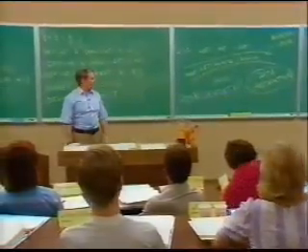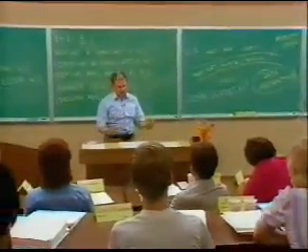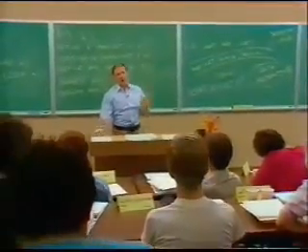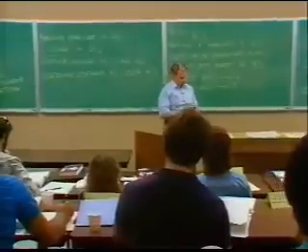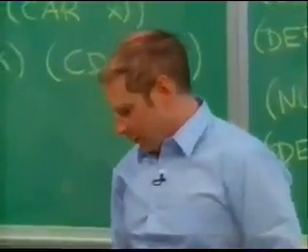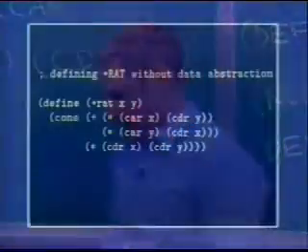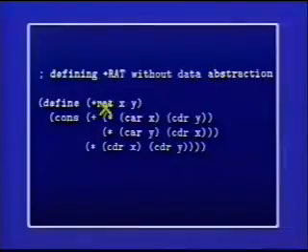Well, so what? I mean, after all, we didn't have to do it this way. It's perfectly possible to do rational number addition without having any compound data objects. And here on this slide is one example. We certainly could have defined plusrat, which takes in things x and y, and we'll say, well, what are these rational numbers really? We'll say, well, really they're just pairs, and the numerator is the car and the denominator is the cdr.